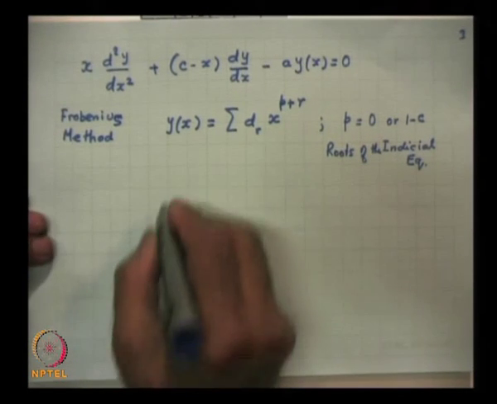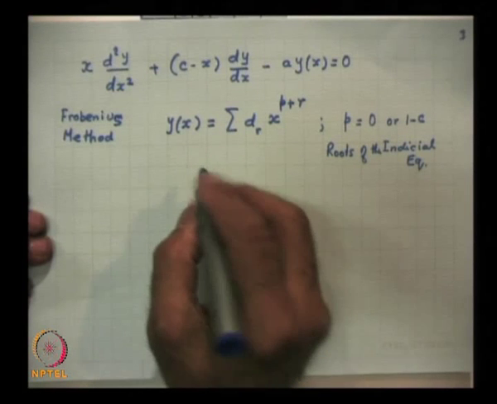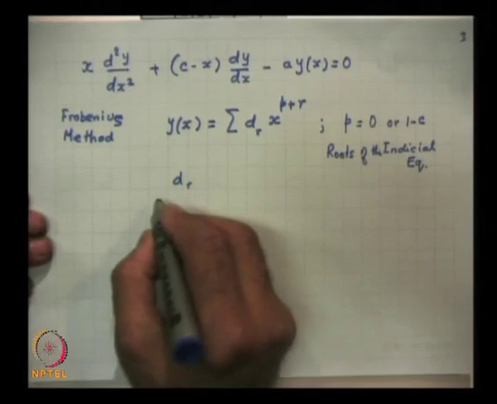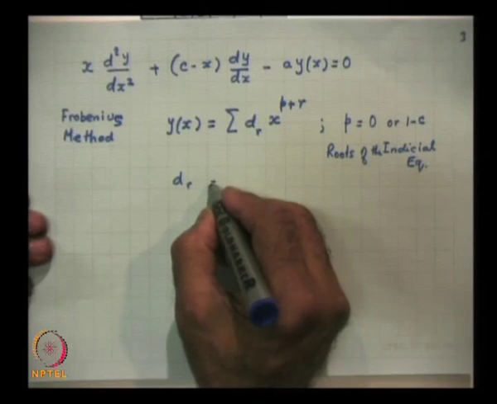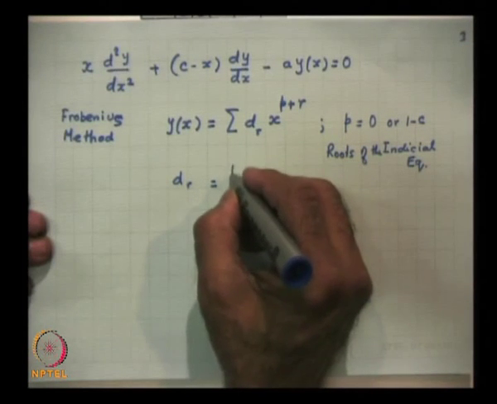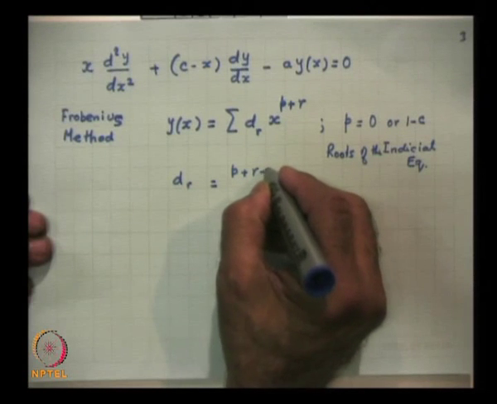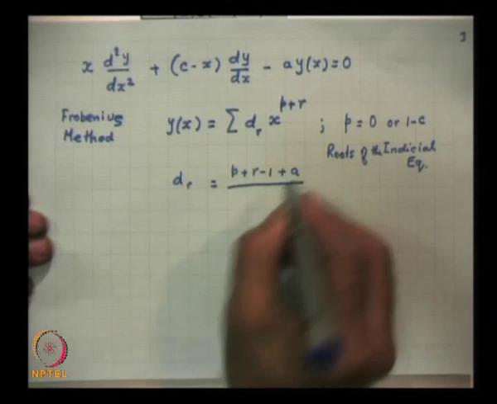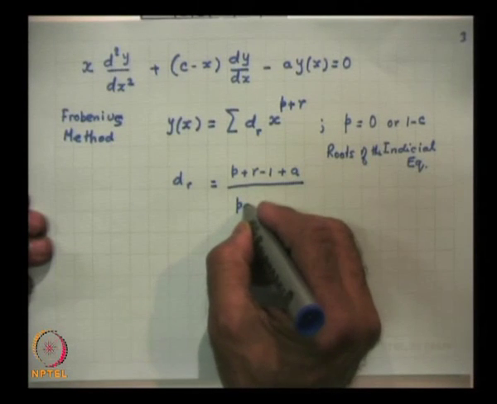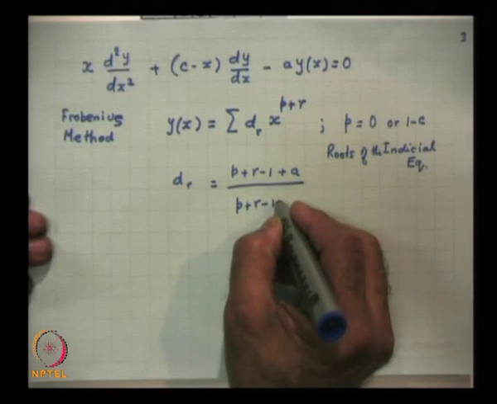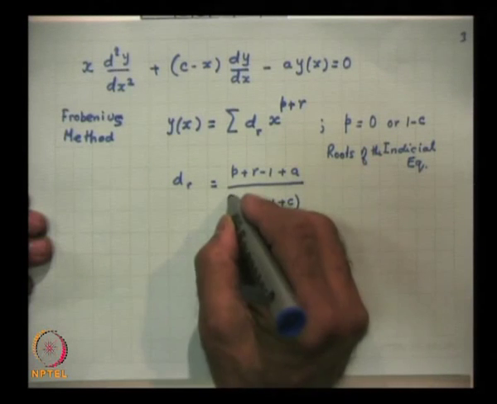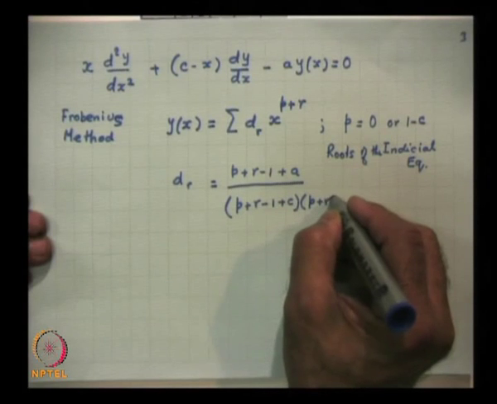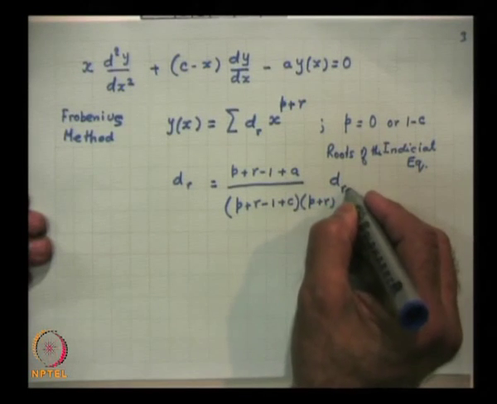Then we had also found that d_r was equal to (p plus r minus 1 plus a) divided by (p plus r minus 1 plus c) into (p plus r), times d_(r minus 1).